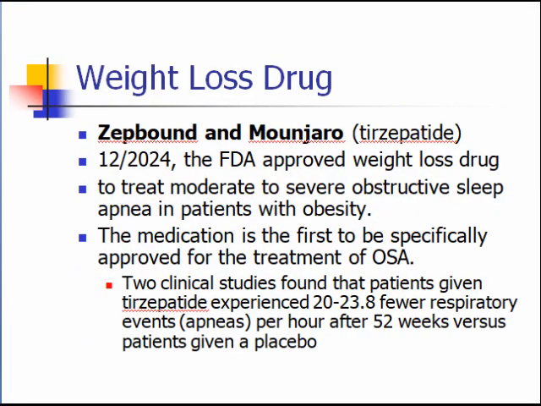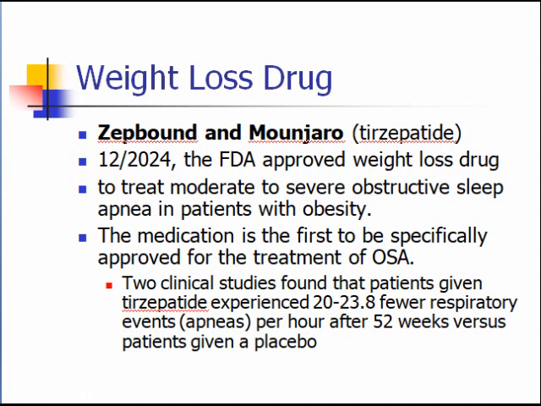As I said previously, individuals that are overweight often have excessive tissue in the neck, and that tissue compresses or pushes down on the airway, causing them to have sleep apnea. So if they can lose weight, they might be able to avoid having sleep apnea. So in December of '24, the FDA approved two weight loss drugs.